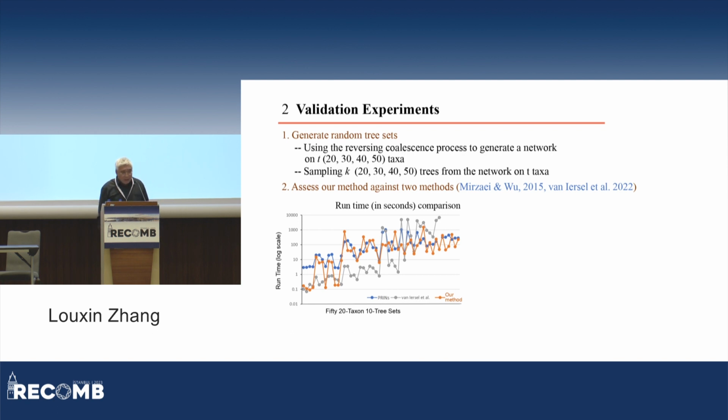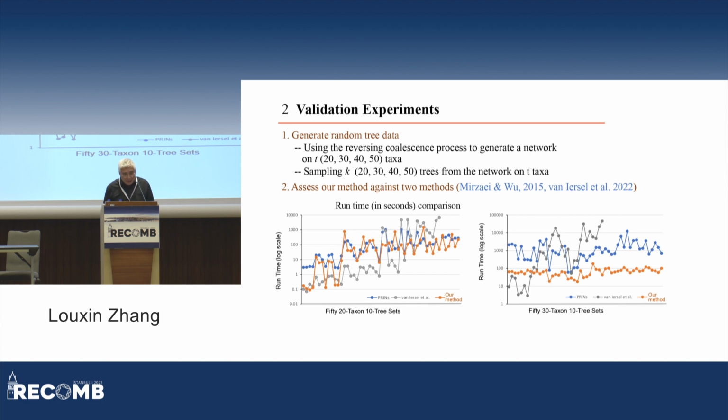When the tree sets were small, each containing 10 trees on 20 taxa, the three algorithms performed almost identically. For the middle-size tree sets, our algorithm outperformed the other two, in particular when the networks are complicated.